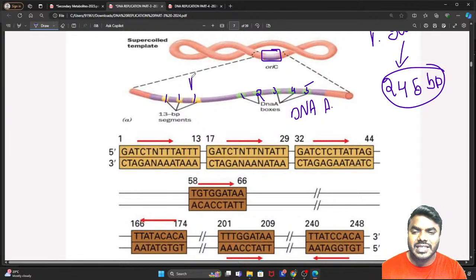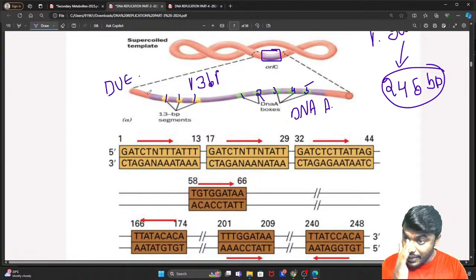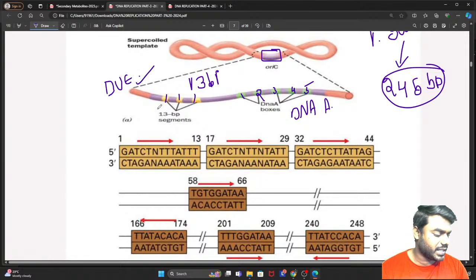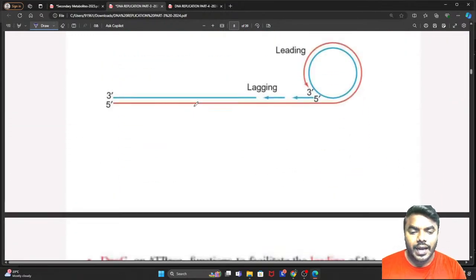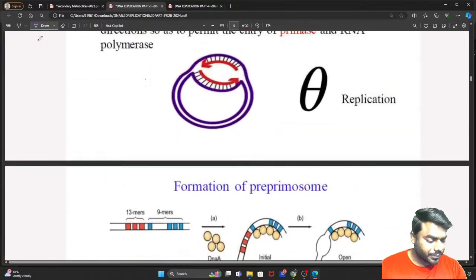What do we call them? 13 base pair segments. And I believe you all remember these 13 base pair segments are generally called DUE, DNA unwinding elements. There is no point in getting confused over there. I hope you all remember.